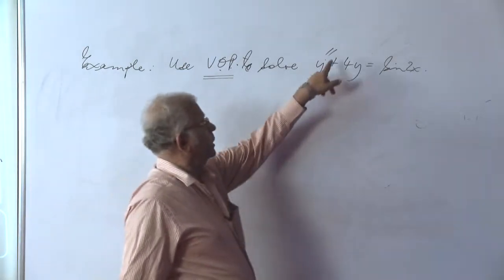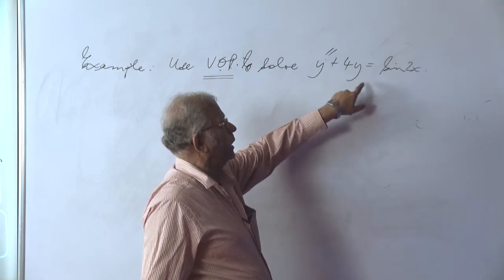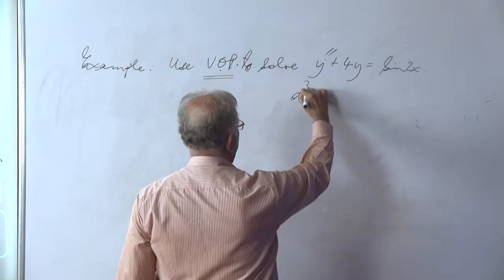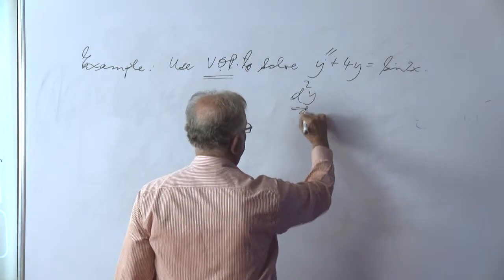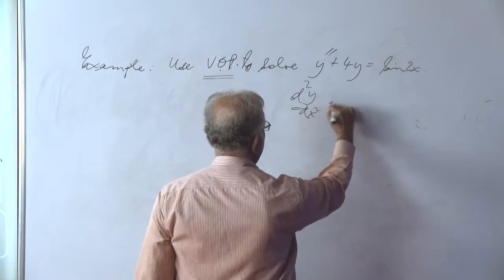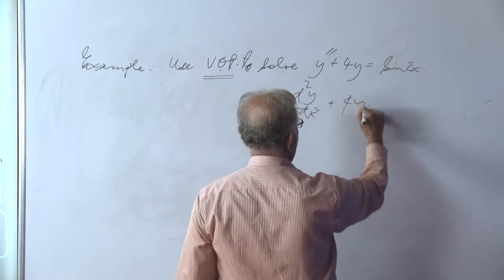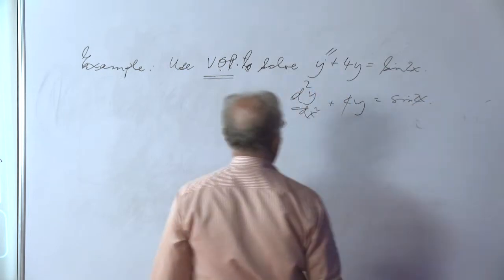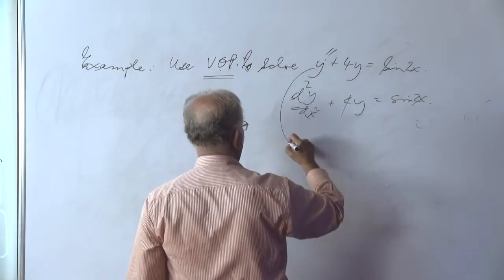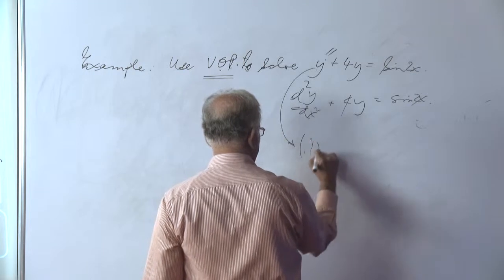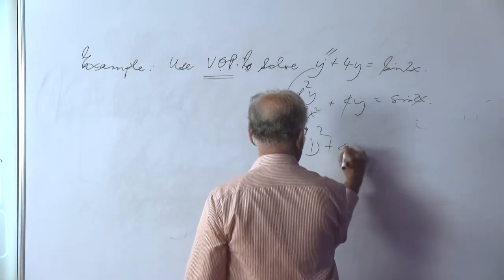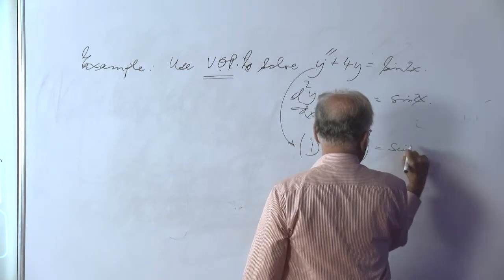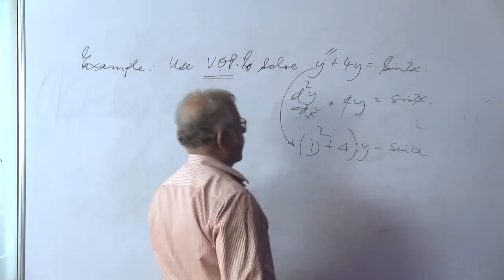The equation is y double dash plus 4y is equal to sine 2x, which is another way of writing d2y/dx2 plus 4y is sine 2x. Another alternative way of writing is (D square plus 4) y is sine 2x.